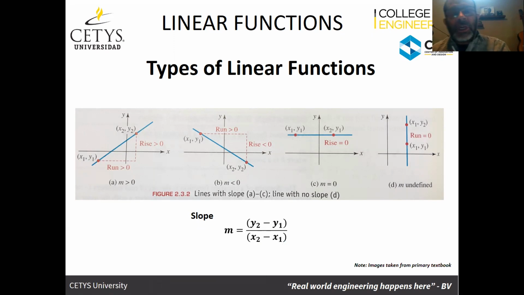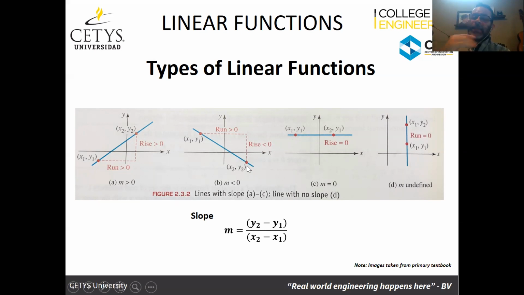And so notice that in the case of A, the slope is positive, okay? So that means it has a certain inclination. That means it's going from negative to positive if we were to go from left to right. Then in the second case, the slope is negative.